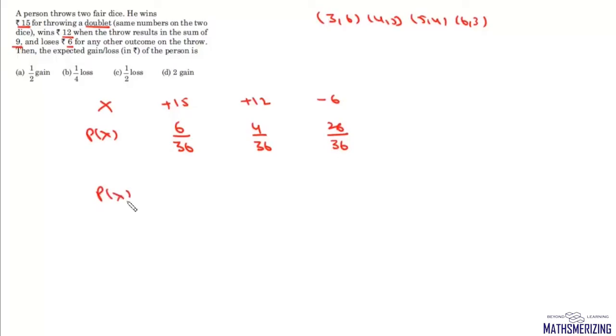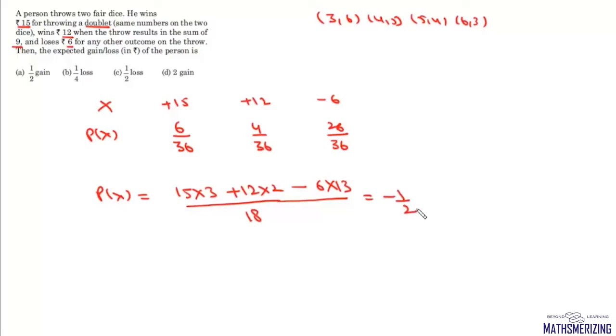Now expected value of x will be 15 into 3 plus 12 into 2 minus 6 into 13, whole divided by 18, which is minus 1 by 2. So the expected gain of this person is minus 1 by 2, a loss.